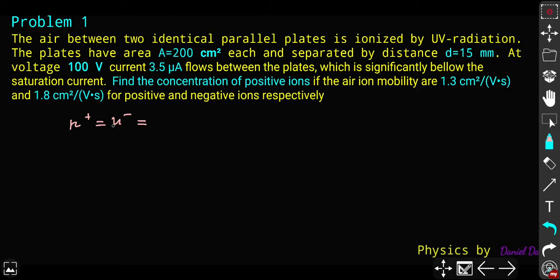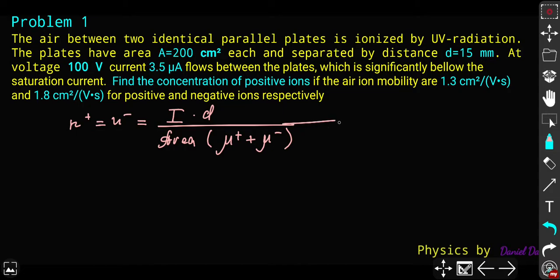That's going to be the same, and I'll express it through I over area, mobilities mu positive plus mu negative, and the total factor in this case is d, the distance between plates, and also we will have the unit charge and voltage. All right, so that's how we have the concentration.